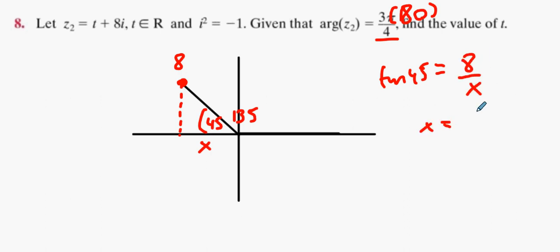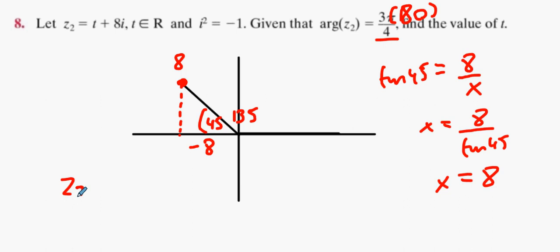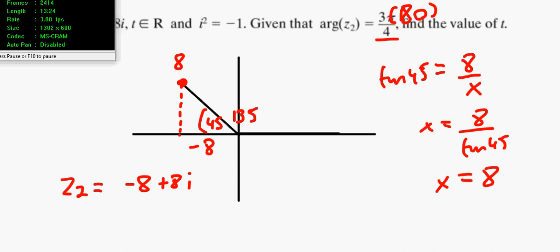X equals 8 divided by tan 45. X equals 8. Now, the length is 8, but where is it located? Is it to the right or to the left of the imaginary axis? To the left must mean it's minus 8. So this number here is minus 8 plus 8i. And you're done. Is that alright?